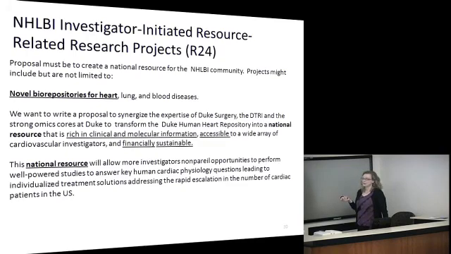And that's a key ingredient in this proposal. NHLBI absolutely requires that you have a financial sustainability plan. But we think that this resource will allow many more investigators unparalleled opportunity to answer some key questions in human cardiac physiology, and open up some of the things that we're beginning to touch on with our DCD project and with our NASA project.